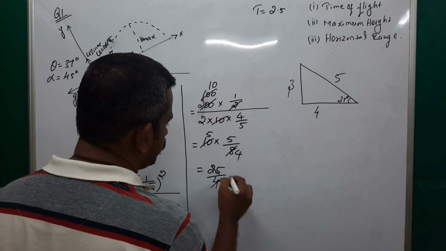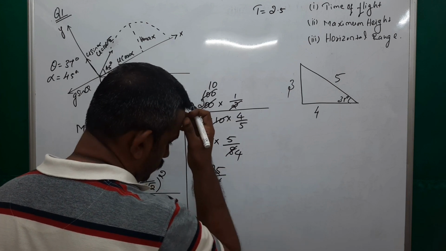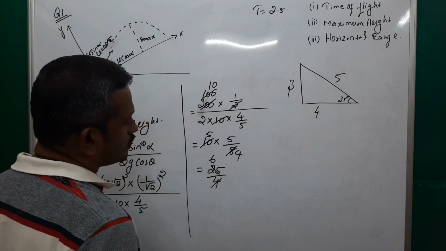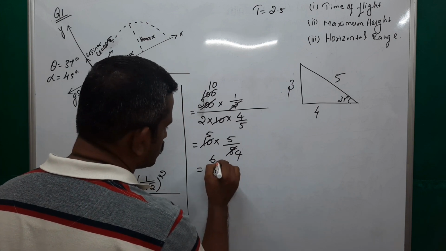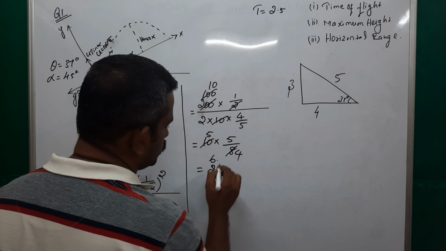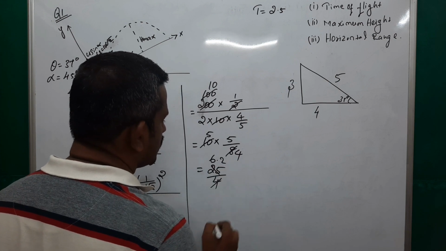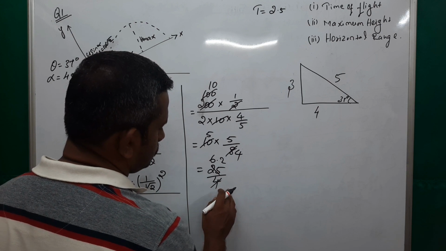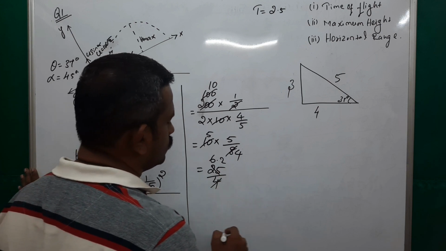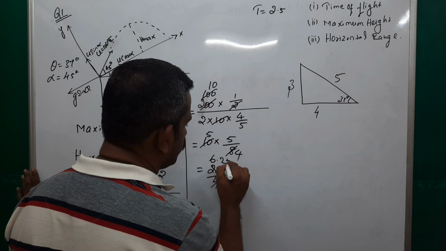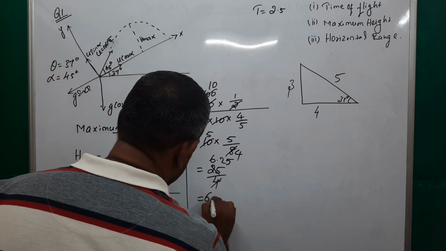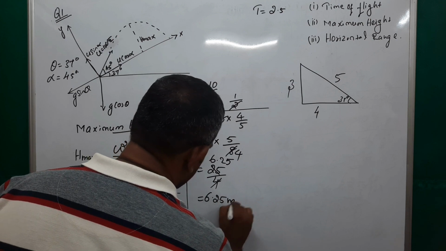Six fours are 24, balance 1, so 10, 2 times 8, so balance 2, 20, so 5 fours are 20. So that's equal to 6.25 meter.